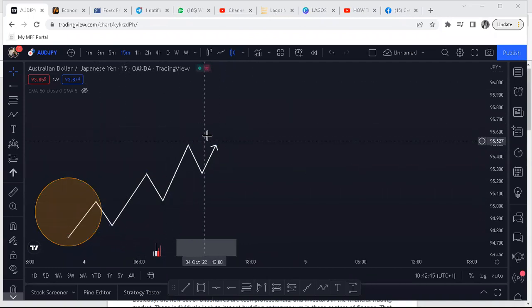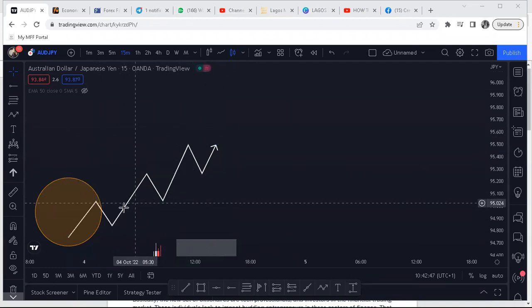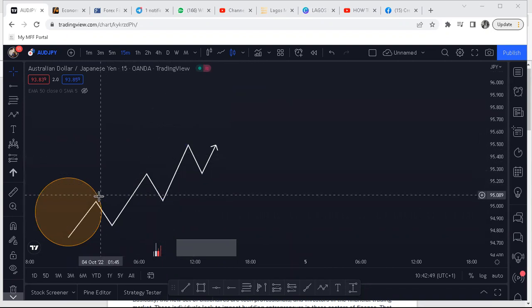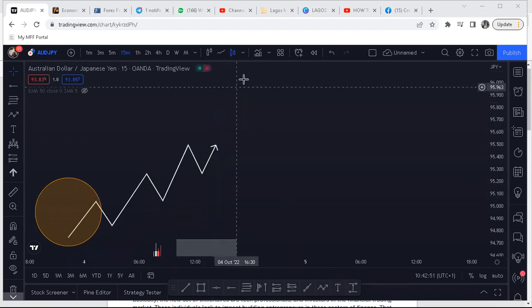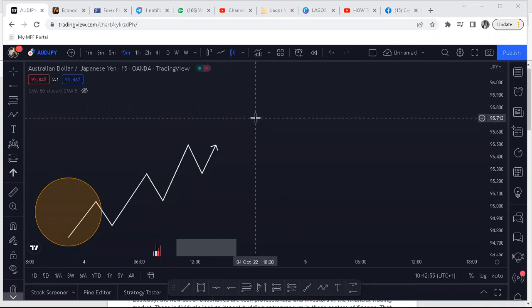This is the trend we are looking at. In a trend, there are highs and lows in the market. Write that down: an uptrend is not complete until a higher high is formed.